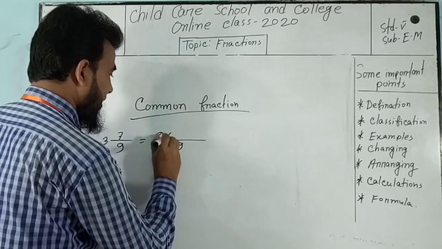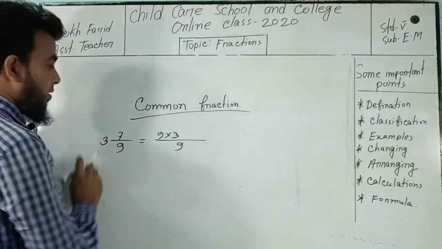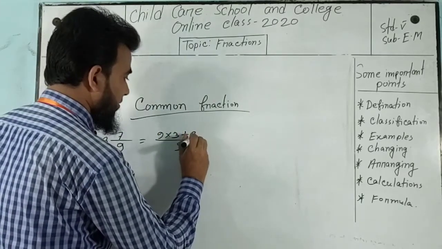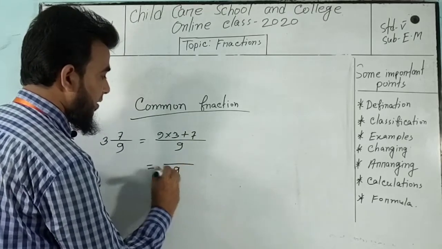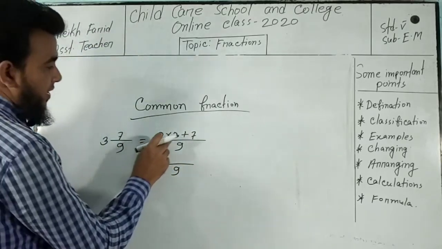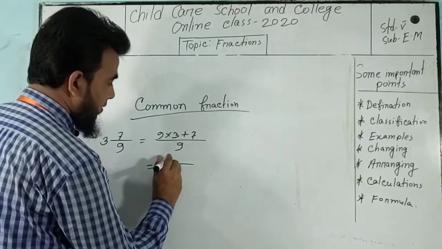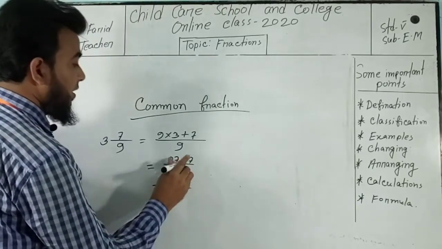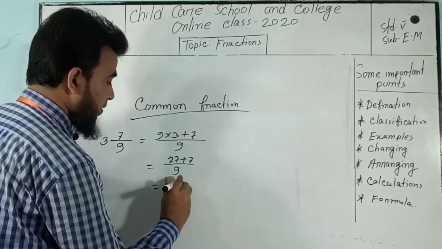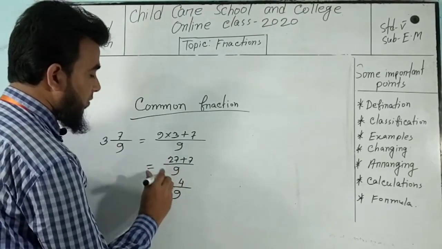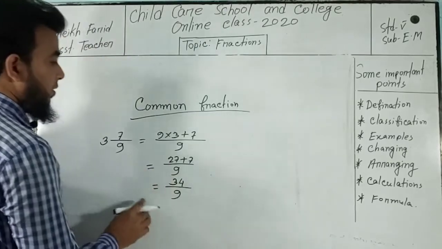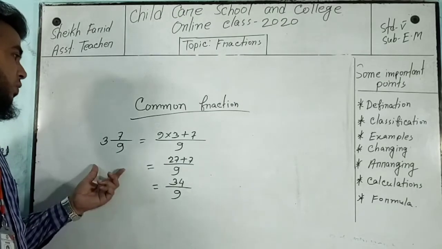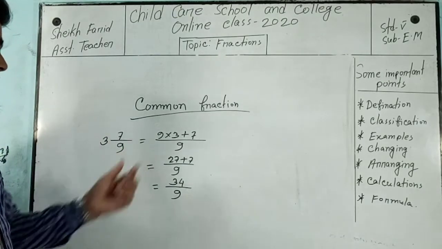So it will be 9 into 3, and we have to add the numerator to the product of this. 9 threes are 27, and if you add 7, what will be the total? 7 plus 7 is 14, and 1 in hand, and if you add 1 with 2, it will be 3. So this is the improper fraction. Here we have learned how to make a mixed fraction into an improper fraction.